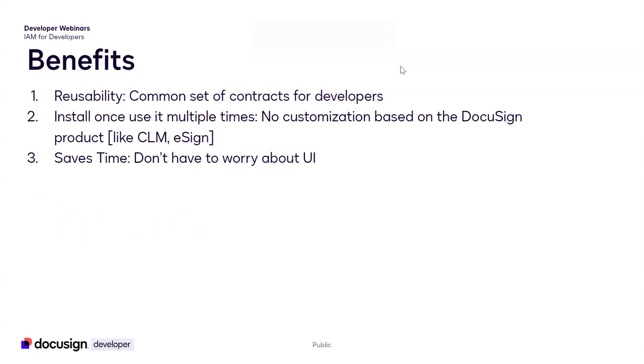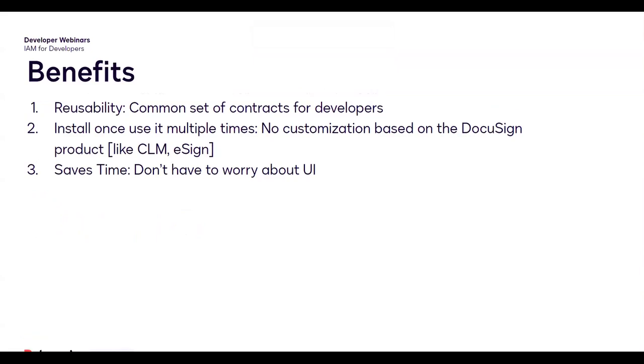Awesome. Thank you, Rajveer. Right. So, what are the benefits of using this? You can see there's a common set of contracts for developers. So, you don't need to set it up multiple times. There's no need to reinvent the wheel. You only have to install it once for multiple users. And the customization is just based on the product, based on the CLM and eSign product.